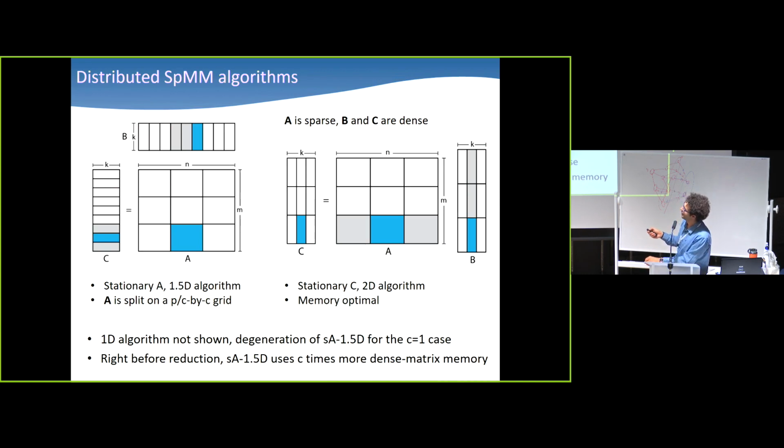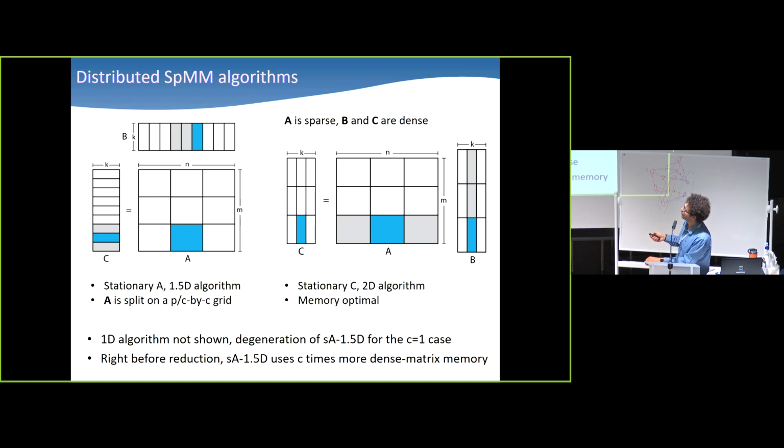It's really like this. 1D decomposition of dense matrices, 2D decomposition of A, which means temporarily, in order to do a multiplication of my piece, if I am the processor that's holding the blue submatrix, I need to not only get access to my blue piece of the dense matrix, I also need to get access to the gray pieces from my neighbors, and I also need to create the gray pieces. So temporarily, I am storing more than I need to store for the input and output dense matrices. That's what makes it 1.5D.